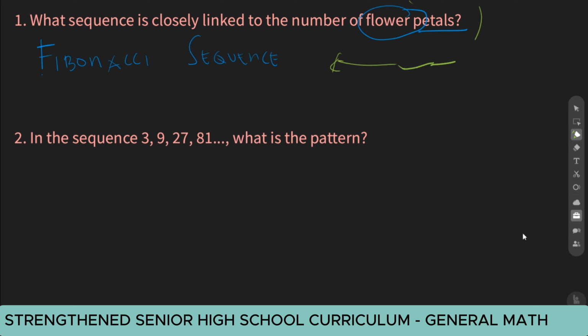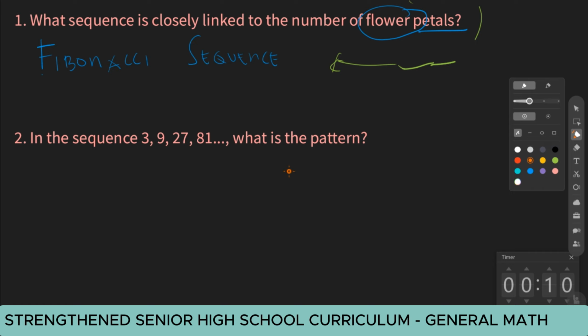So we need to find the pattern. What are we going to do to 3 in order to get 9? We will multiply it by 3, by 3, and by 3.